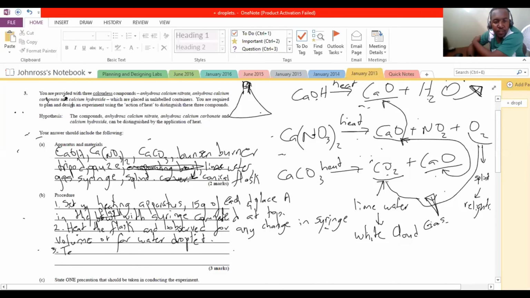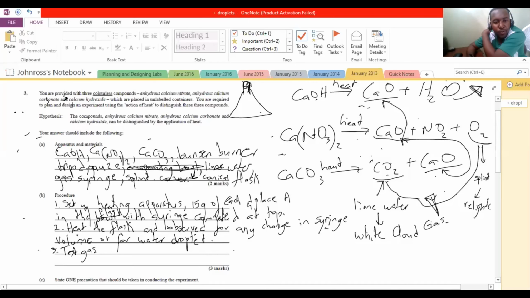So we test for the gas, and to test for the gas, we will put some through lime water. If it changes, then it's carbon dioxide. We put some in the presence of a glowing splint. If it rekindles, then that means it is oxygen. All right, so that's what step 3 would be.